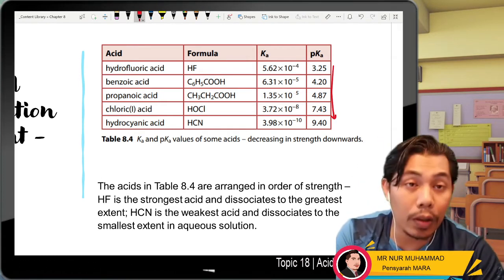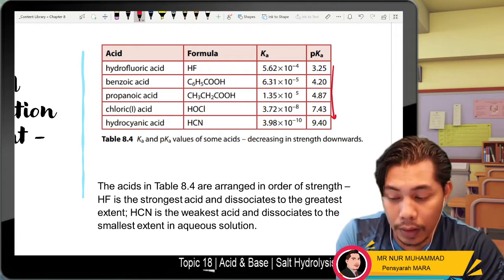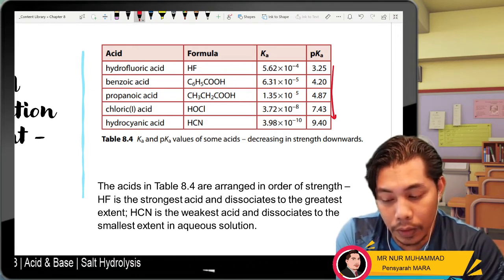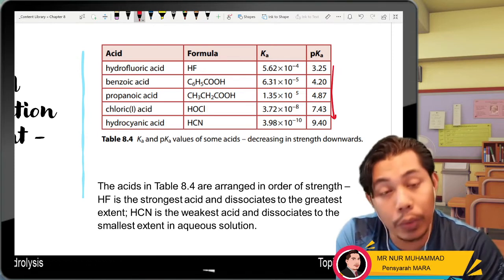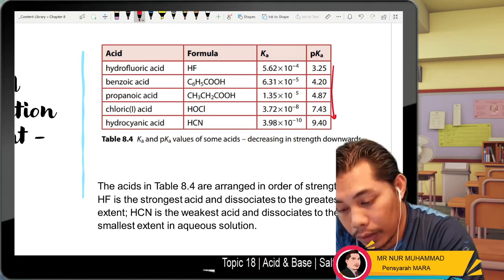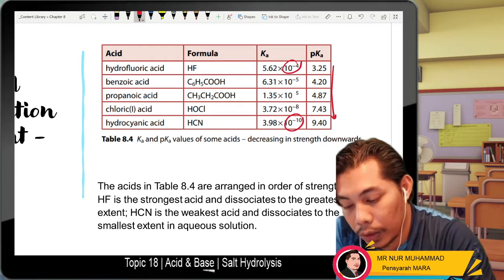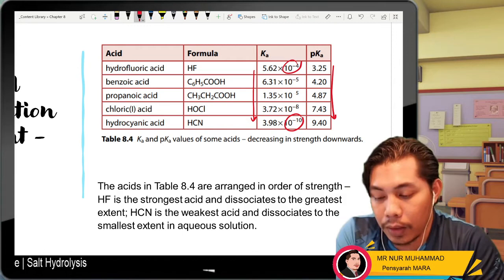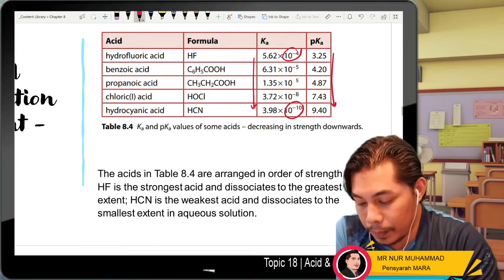The pKa is opposite to the Ka. The smaller the number of Ka, the weaker the acid. You can see that, going down the table, the smaller the number of Ka, the weaker the acid.